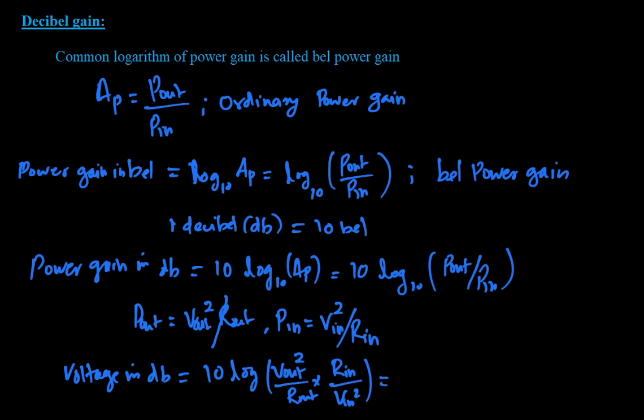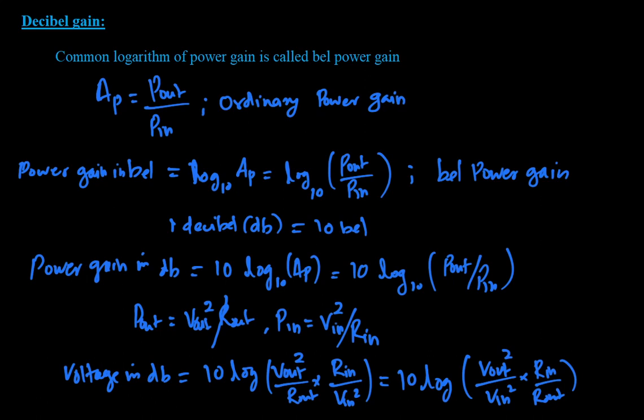Now this can be expressed as 10 log to the base 10. I am not writing the base 10 because log usually represents the common logarithm. So 10 log V out square divided by V in square into R in divided by R out.